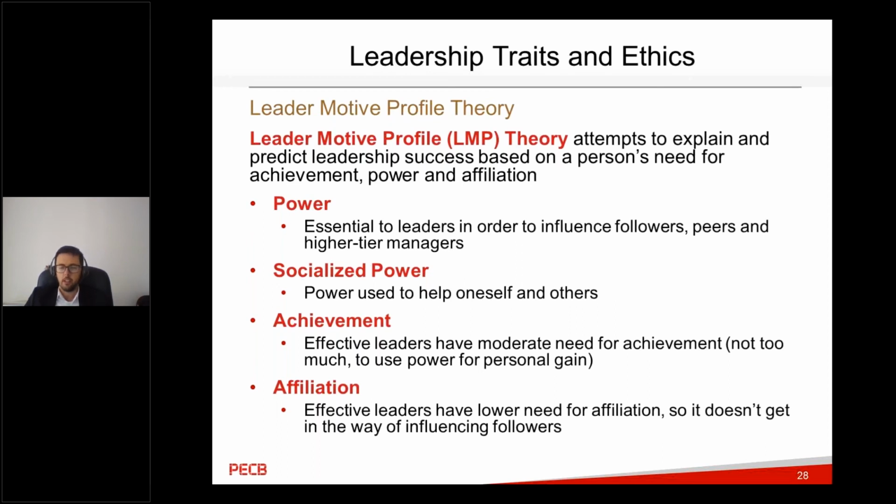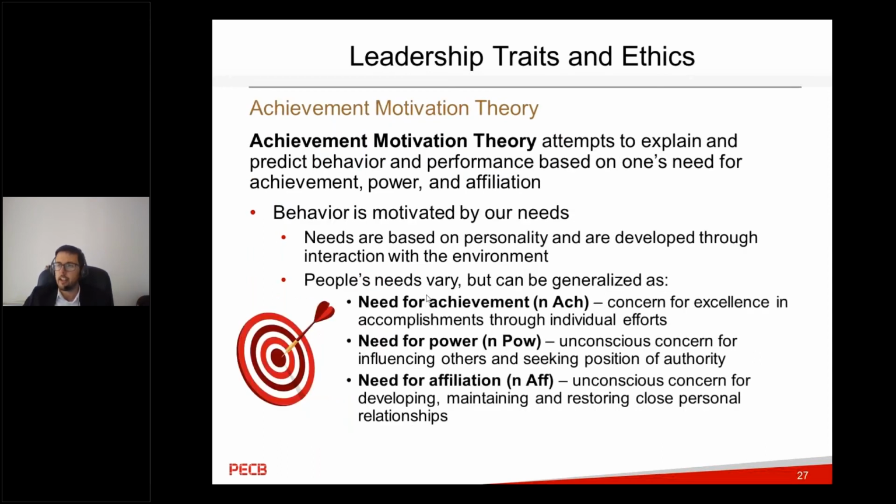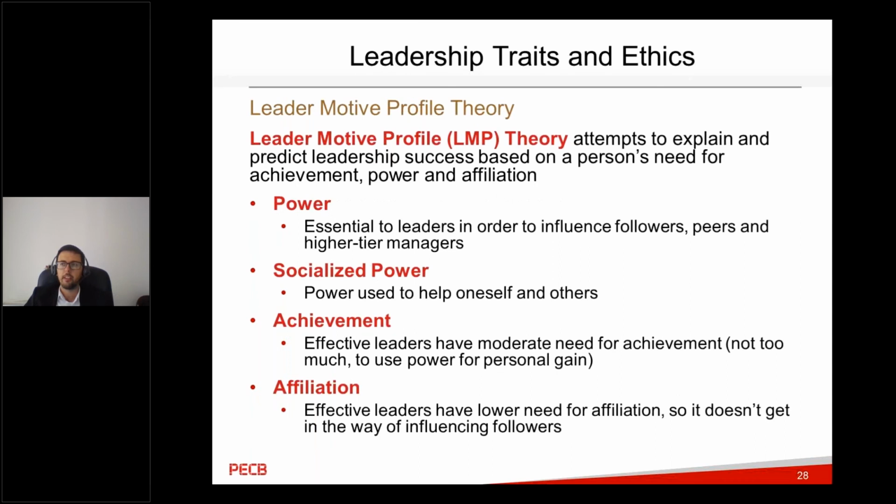So a person that has all of the needs, but the need for power is high, and it is socialized power, and who also has more need for power rather than for affiliation and a moderate need for achievement, is considered to be an idealistic leader profile.